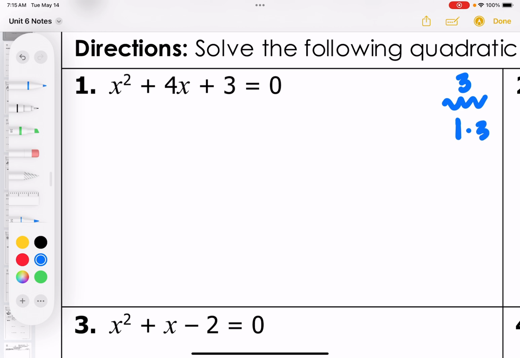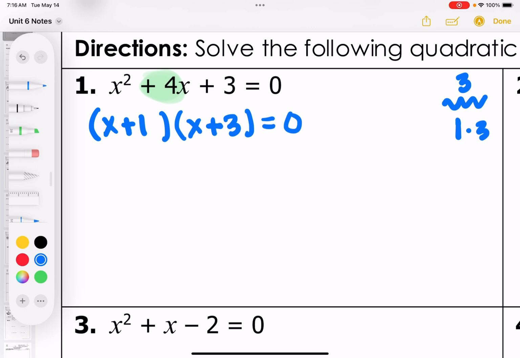We want to make sure those add together to give me a positive 4. So 3 plus 1 is 4. Those are my factors. I'm going to make my 2 sets of parentheses with an x in each, then a positive 1 and a positive 3. They're both positive.